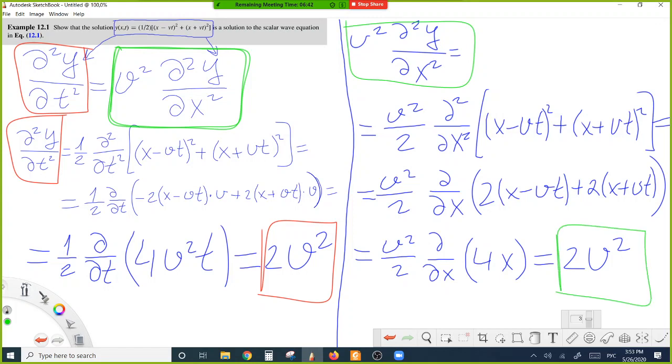And we can see that the right hand side and the left hand side of the equation are equal. So this function, which is given as y(x,t) equals 1 over 2 (x minus vt) squared plus (x plus vt) squared, can be a solution to the scalar wave equation.